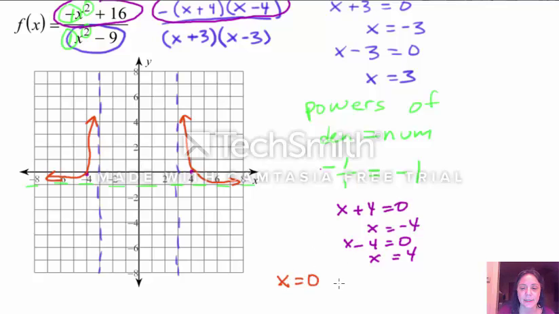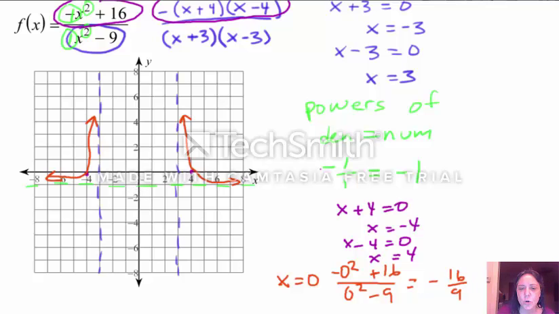If I plug in x equals 0, I have 0 squared plus 16, and I have 0 squared minus 9, which is going to give me 16 over negative 9, which is negative 16 ninths, something between 1 and 2 negative.